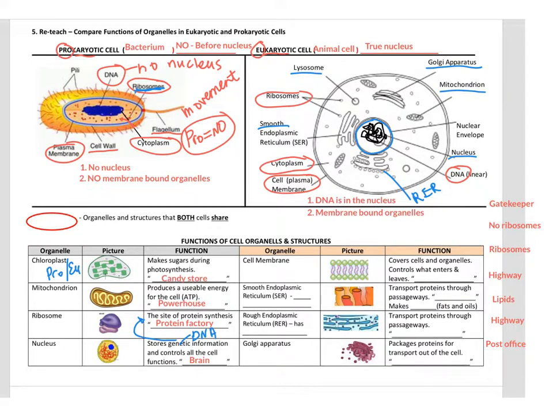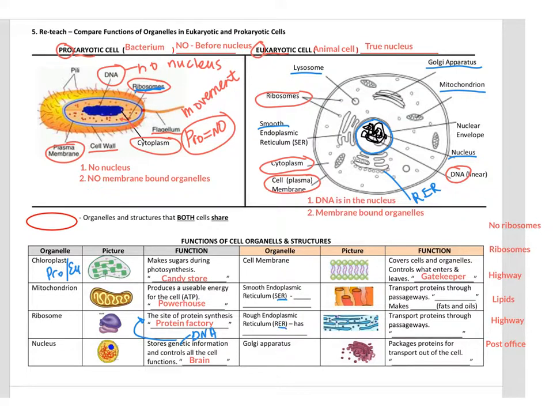Next structure is a cell membrane, and cell membrane is the cellular boundary, and it acts like a gatekeeper that basically says you can get in and you can get in. So it allows some substances to enter and some of the substances to leave the cell. So it's kind of controlling this process. The next organelle is an endoplasmic reticulum.